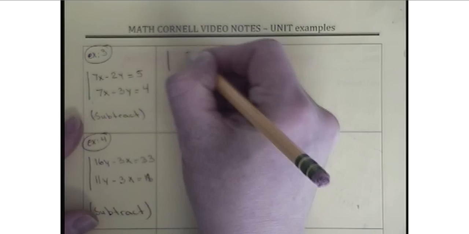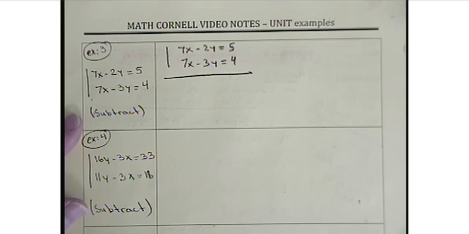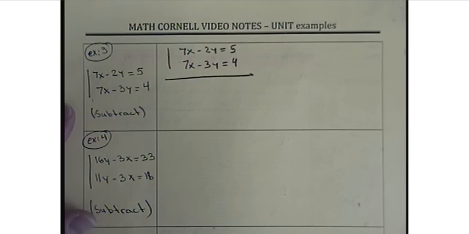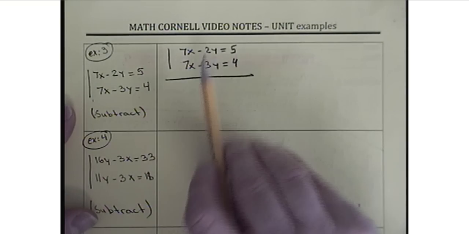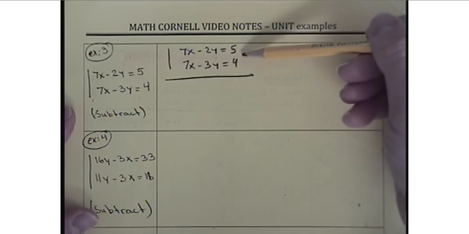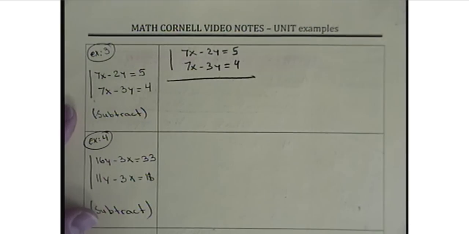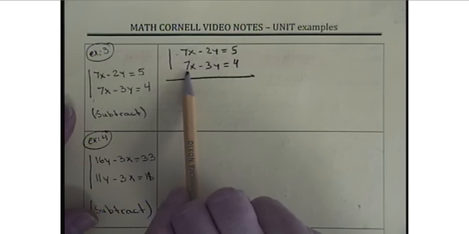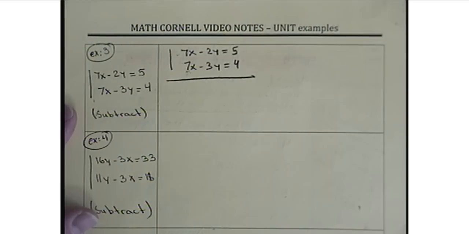If I write this system, 7x minus 2y equals 5 and 7x minus 3y equals 4, and want to solve this system, I will start by checking the position of the variables and terms. So x terms in one column, y terms, and then the numbers. It looks like each one of these columns works well. Now what you notice is this is positive and this one is also positive. They are the same numbers, and their sign is the same.